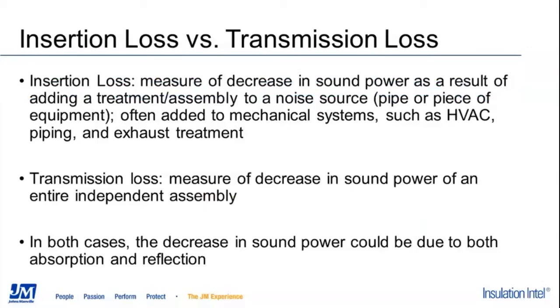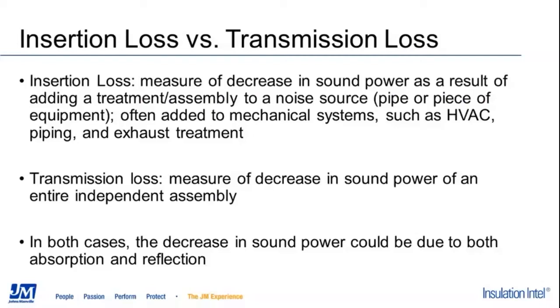As we just described, insertion loss is looking at the decrease in sound power as a result of adding a treatment to the outside of a piece of pipe or a piece of equipment, whereas transmission loss is a similar decrease in the sound power, but that's as a result of the sound passing through an assembly.